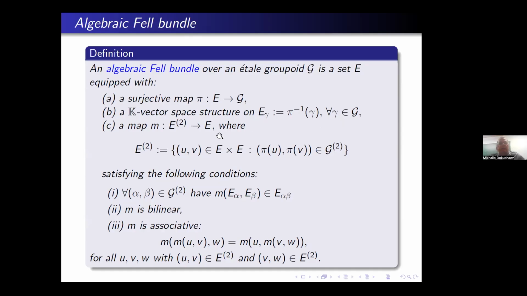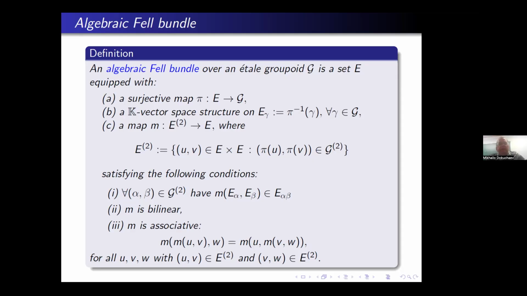Also, we have a multiplication map. We can multiply two elements U and V from the bundle E if pi of U and pi of V form a composable pair of morphisms in the groupoid.